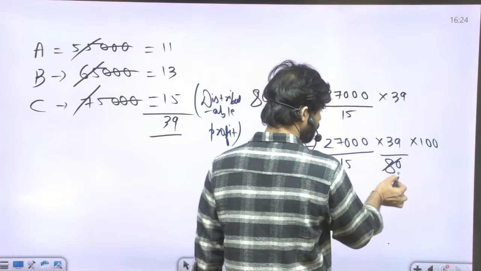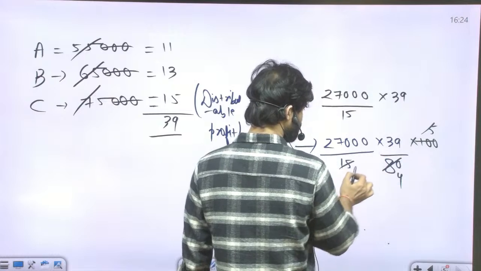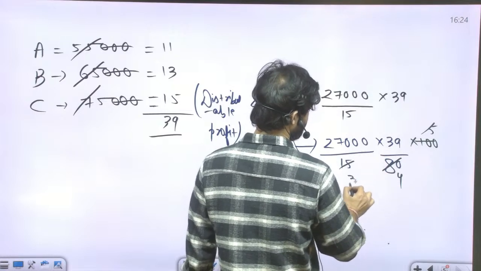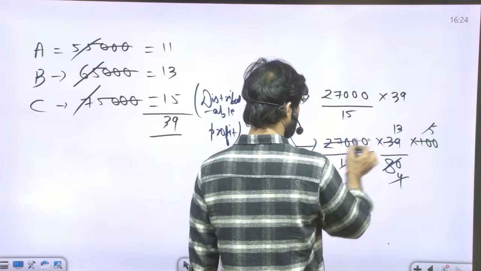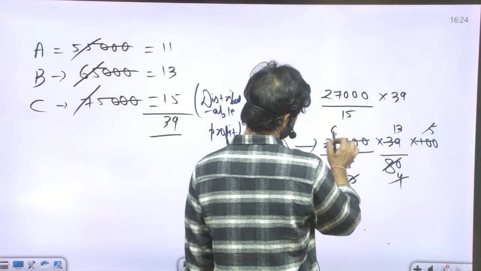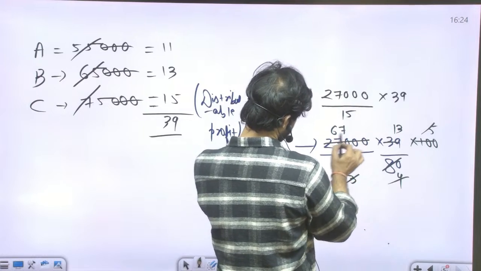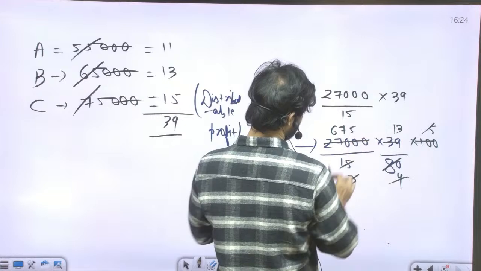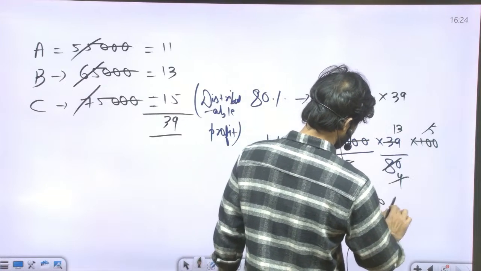So 24, 25, 5, this is 3, 13. Cancel it out. 4, 5, 4, 6, 23, 4, 7, 8, and so this is 87,750 rupees.